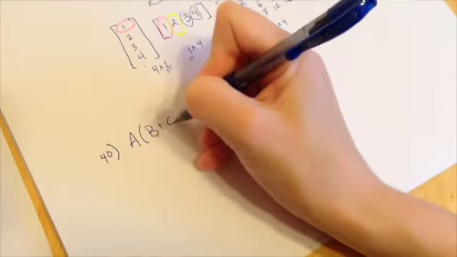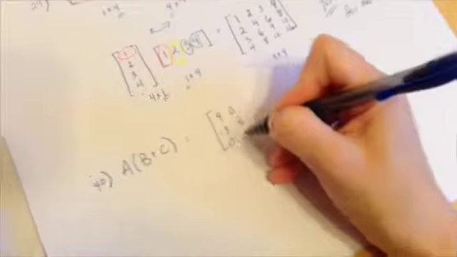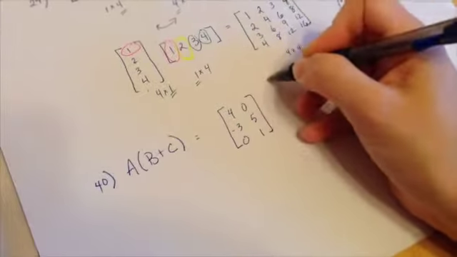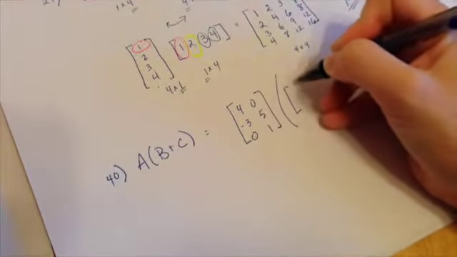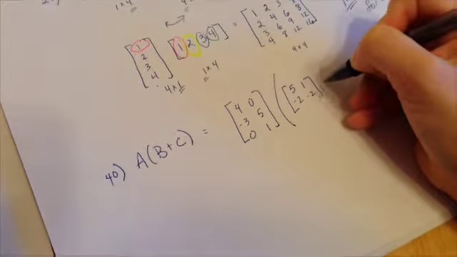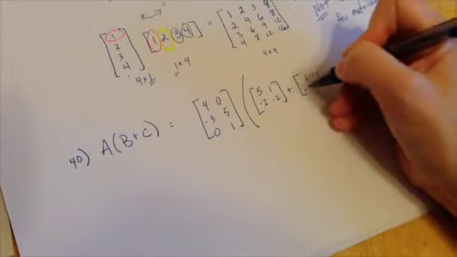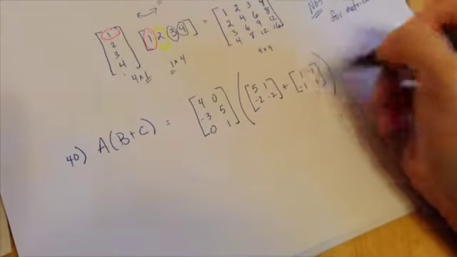Now let's try problem 40, which wants us to take A times B plus C. A is the matrix 4, 0, -3, 5, 0, 1. And then B is 5, 1, -2, -2, plus C, which is 1, -1, -1, 1.